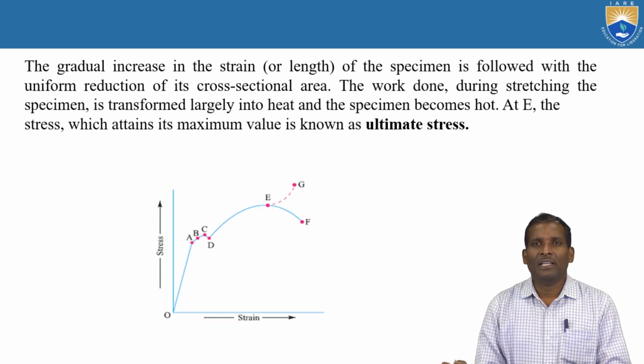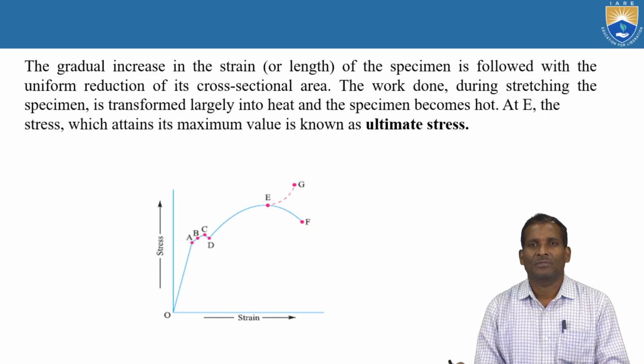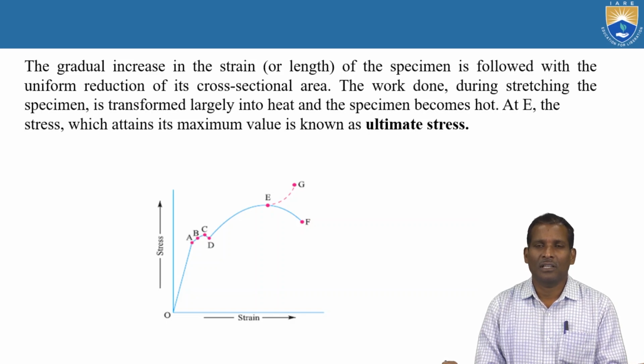The gradual increase in the strain or length of the specimen is followed by a uniform reduction of its cross-sectional area. Why? Because the length varies.